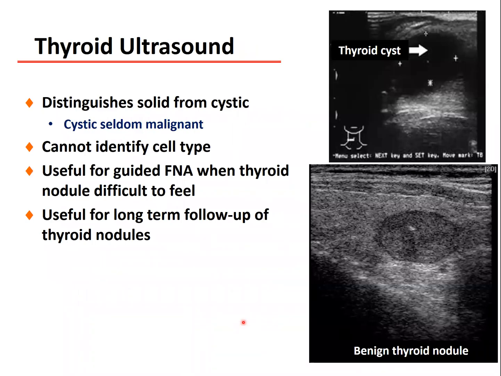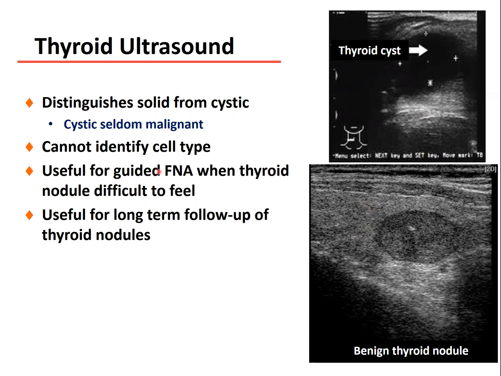Now, thyroid ultrasound is another important and relatively cheap test that can detect some kind of cyst, some water-containing mass. Usually this can be used to distinguish a solid or a cystic mass. It cannot identify, however, the cell type.